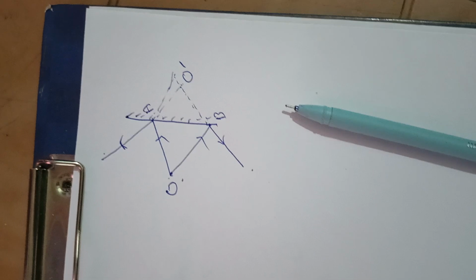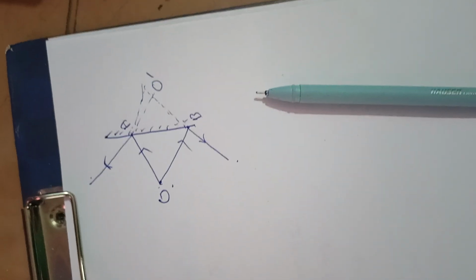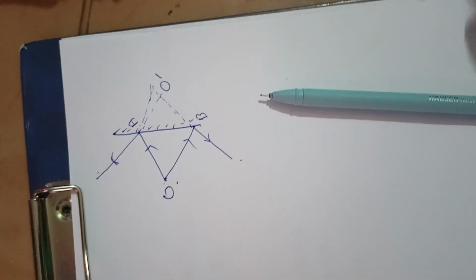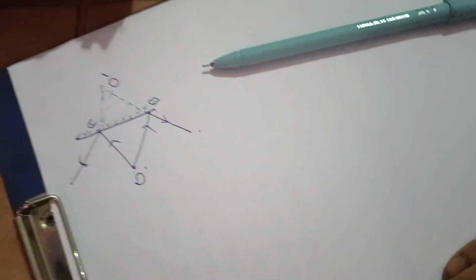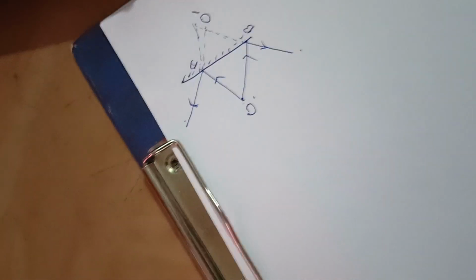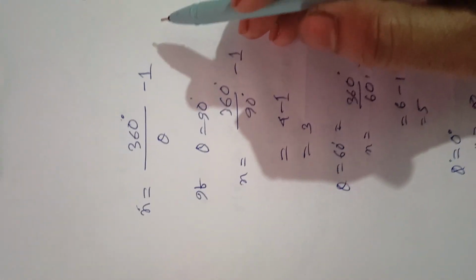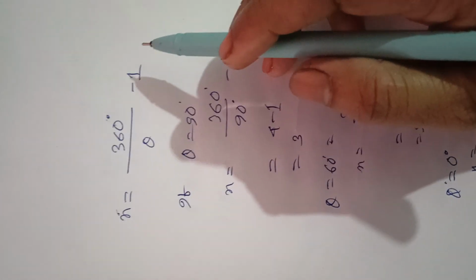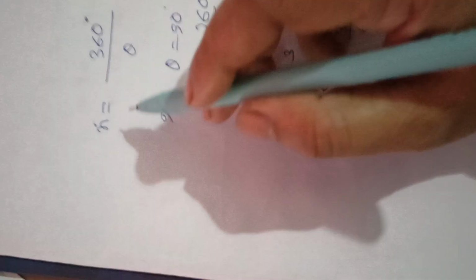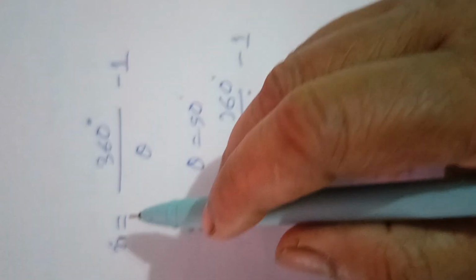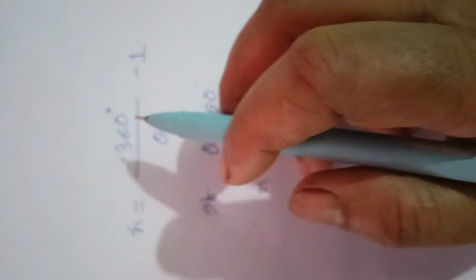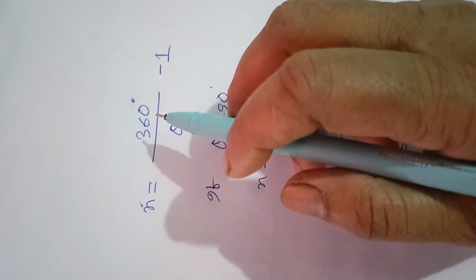Now how images are formed in multiple reflectors. When reflecting surfaces are kept at an angle, suppose theta, here we get a formula to find the number of images formed at the mirror.